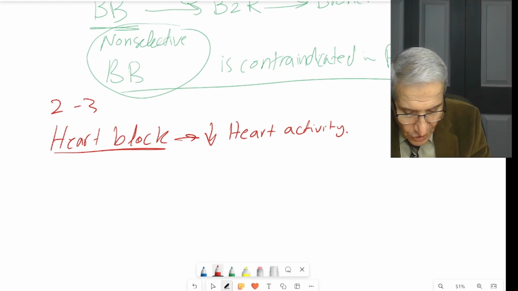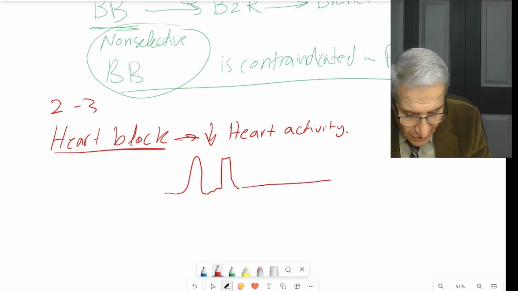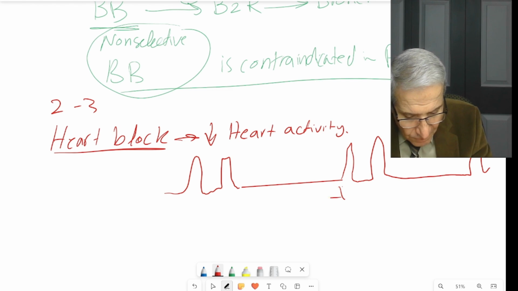If you look on the ECG, you can see the EKG like this one. Then we have a stop, then it comes back again, then the heart will stop again. Maybe during this period we don't have any beat. So the heart pumps the blood, then stops, then pumps, then stops.